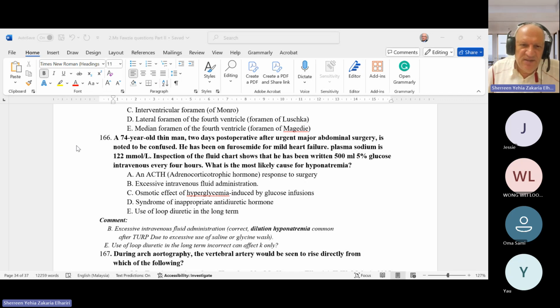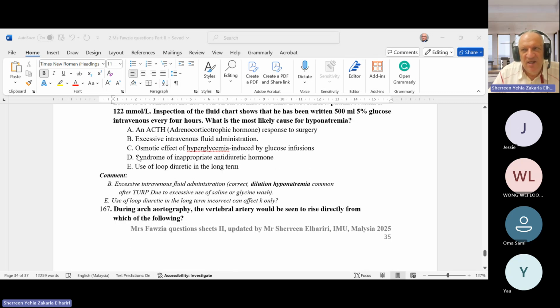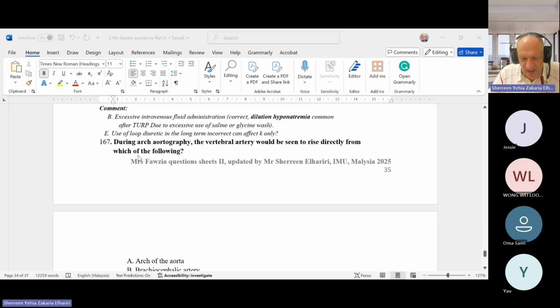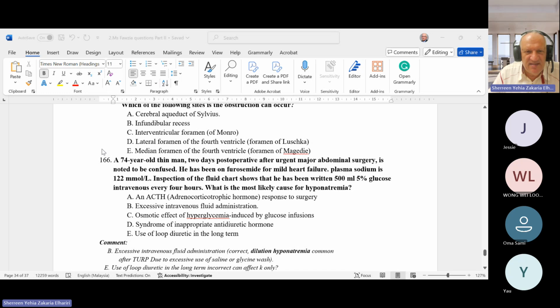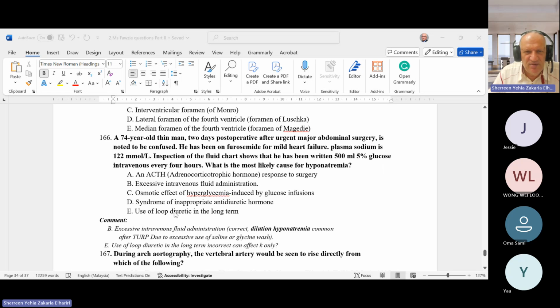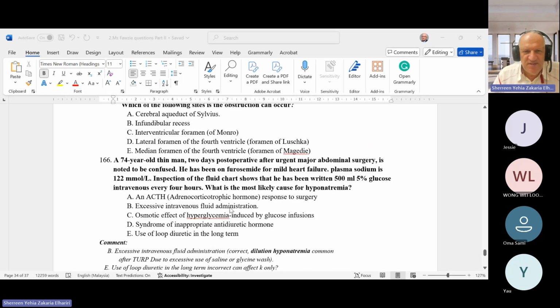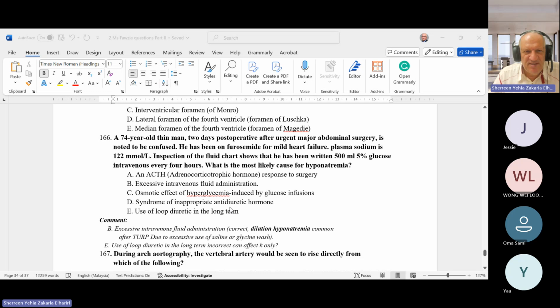So dilutional hyponatremia is one of the common causes of post-operative confusion, especially common after TURP, transurethral resection of the prostate. There is debate in this question, because some answers say use of loop diuretic. Use of loop diuretic, of course, decreases the potassium, but does not affect the sodium level.